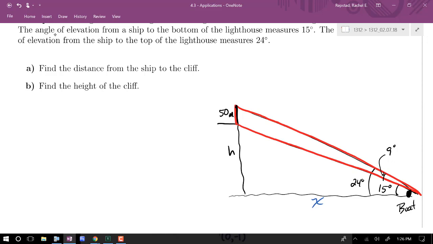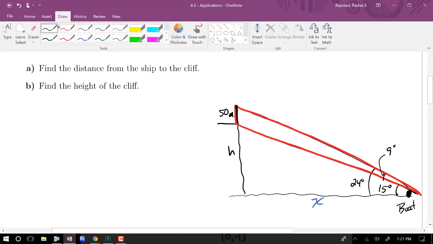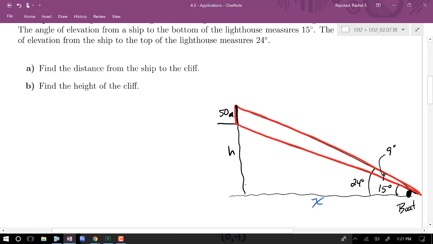This is screaming out law of sines because I have that side-angle pair. We can use it to solve for either of the other two sides. We need to glean some more information.